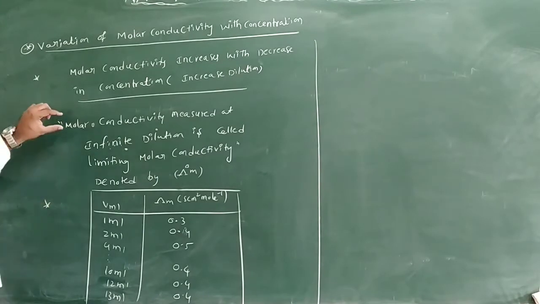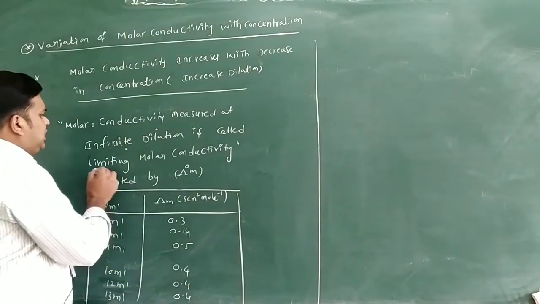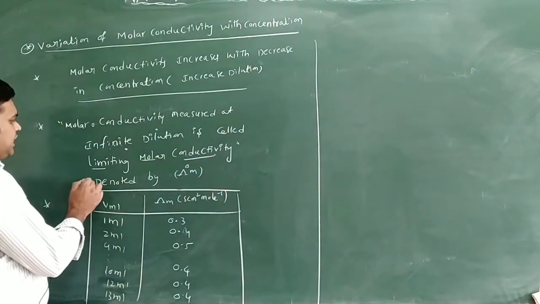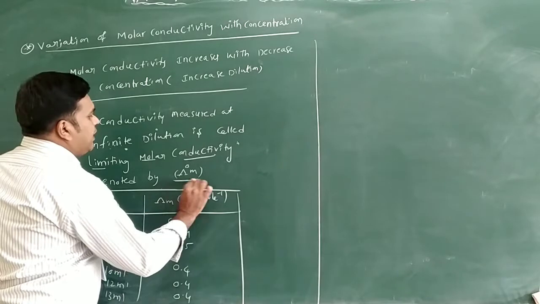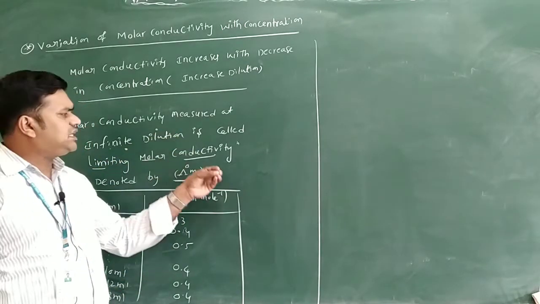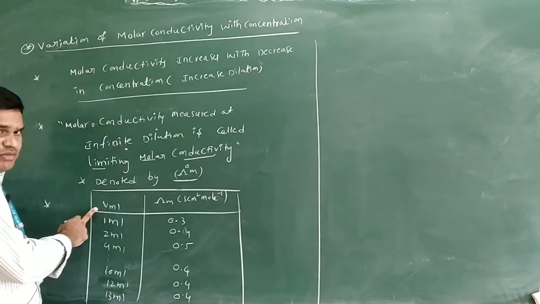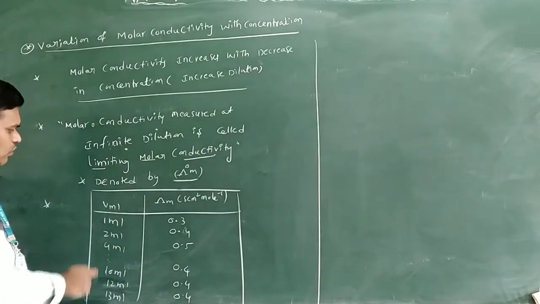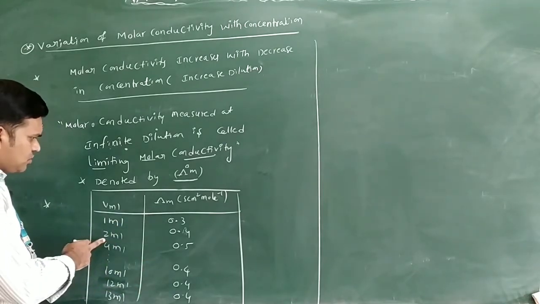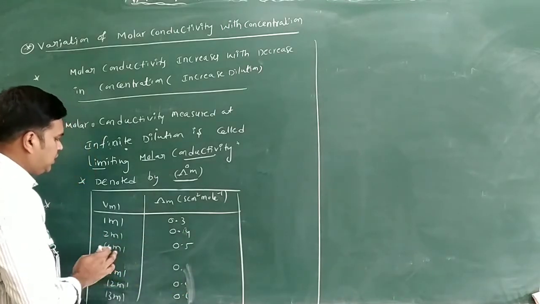Now we'll see here, the molar conductivity measured at infinite dilution is called the limiting molar conductivity only. This limiting molar conductivity can be denoted by lambda naught m only. So let us see how this molar conductivity at infinite dilution works. Here this is volume in ml, this is the molar conductivity. At 1 ml, suppose I am adding, the molar conductivity is 0.3 only. At 2 ml, it becomes 0.4.